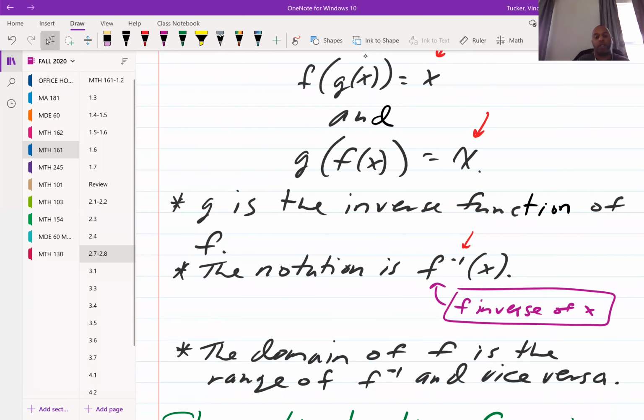Oh, last point as far as general points of inverses: the domain of f is the range of f inverse and vice versa. So your domain and your range flip for the inverse. Whatever your domain is will be your range for your inverse, and whatever your range is will be your domain for your inverse. All right.